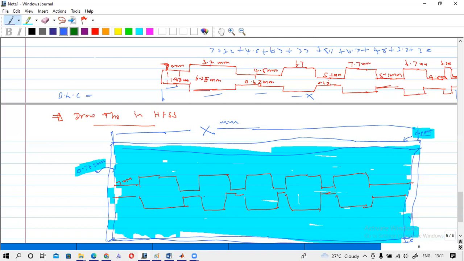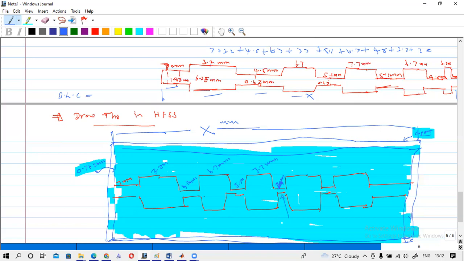This will be 3.2 mm length. This will be 4.5 mm. This will be 6.7 mm. This will be 5.1 mm. This will be 7.7 mm. This will be again 5.1 mm, 5.1 mm.